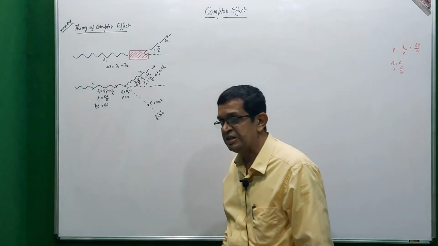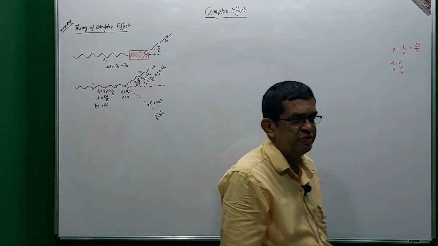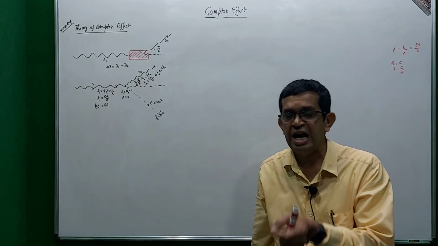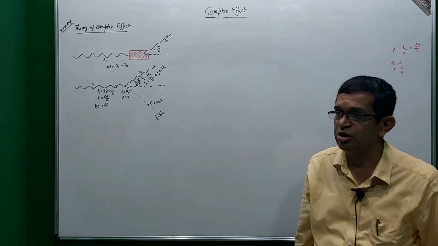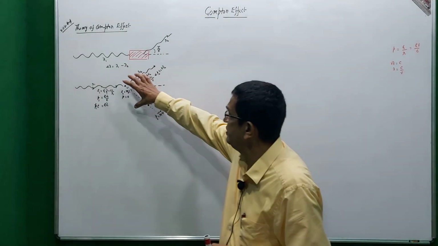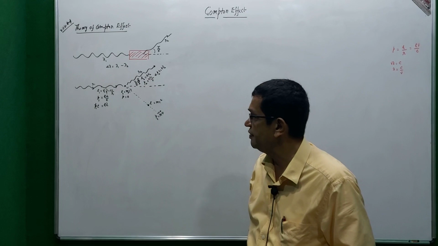Therefore, the Compton effect is a phenomenon where X-rays or gamma rays of very high frequency, when incident on a scattering substance, have their wavelength increased. Now, once we know this, we can apply the law of conservation of energy.